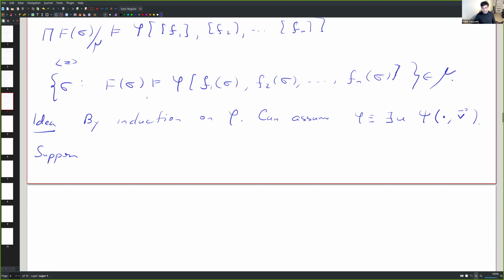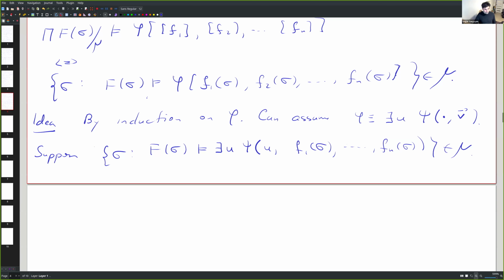So suppose the set of sigma such that f sigma satisfies that there exists u phi of u, f1 sigma, up to fn sigma, belongs to mu. Because now we need to find this function. Where is my function that finds the u? f of sigma satisfies u, so that u is ordinal definable from something, right?